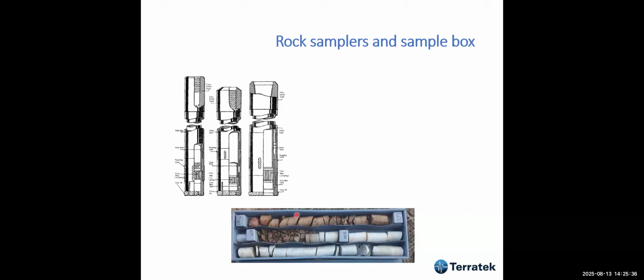There are different types of samplers in different diameters, and some of them are triple barrel. I mean, why double, triple? Because if you rotate with the sample inside, you're certainly going to disturb the rock sample. In this case, we can use a double barrel or a triple barrel, which is much better.